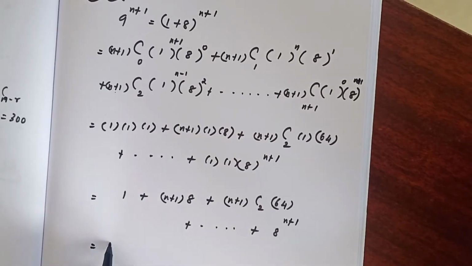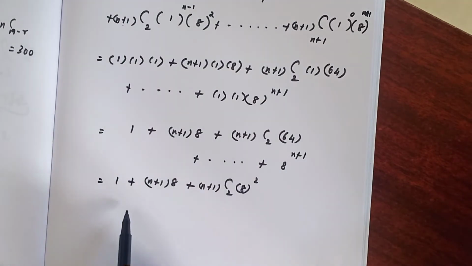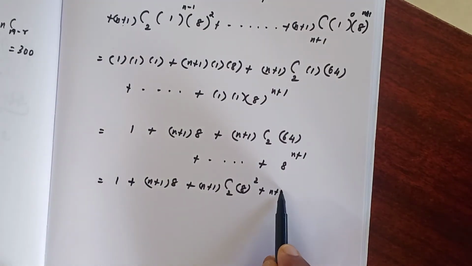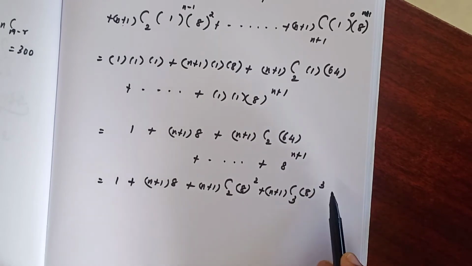Here write 1 plus, and this is one more step, n plus 1 into 8, that is 8n plus 8, then n plus 1 c2 into 64. Even you can write 8 square, that will be convenient for you. The next term will be n plus 1 c3, it will be 8 cube.